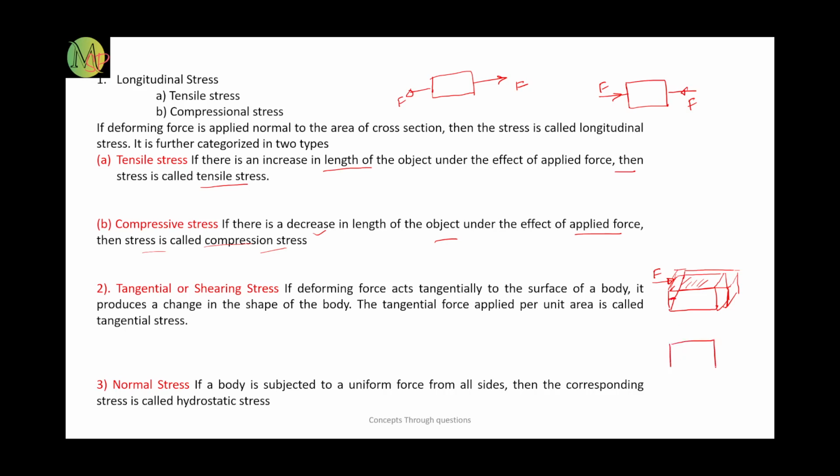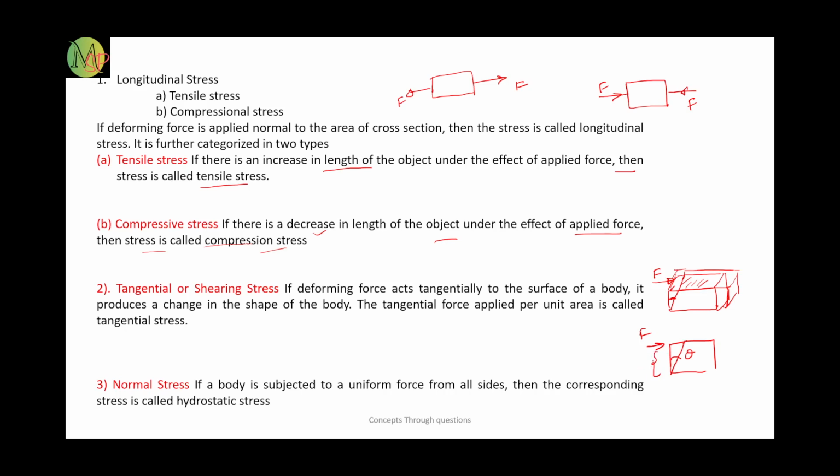If this is the body and this is the surface after shearing, the surface slides after applying a force F. So this is angle theta. Okay, this is angle theta.